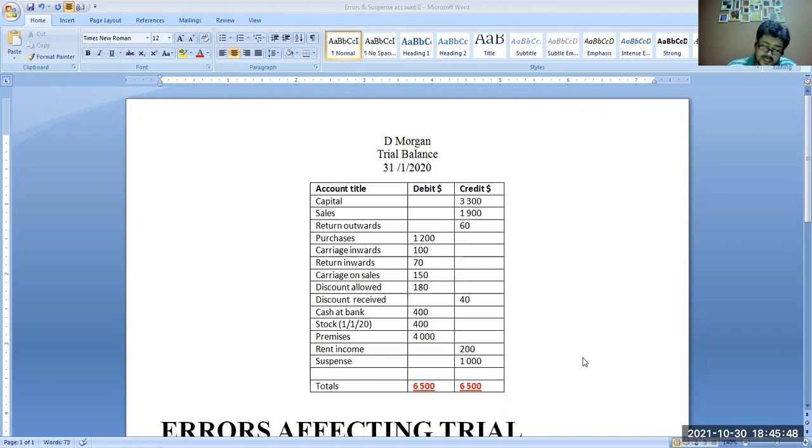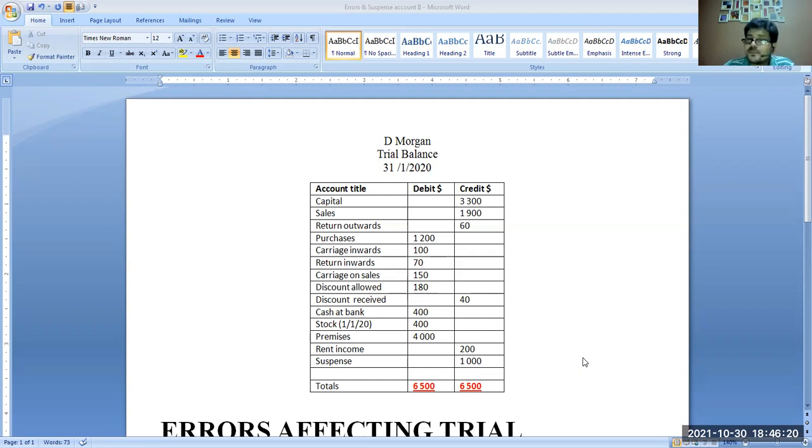Now it is the duty of the accountant to find out what errors are there which have created a suspense of 1,000. All those errors which we have made and which are responsible for the suspense will be rectified through the suspense account.